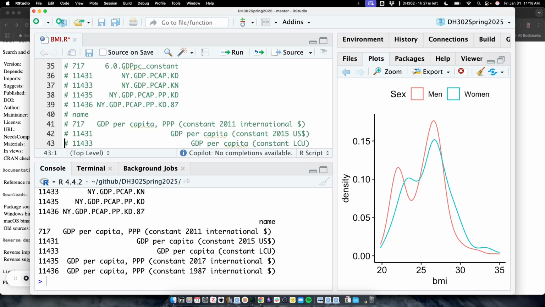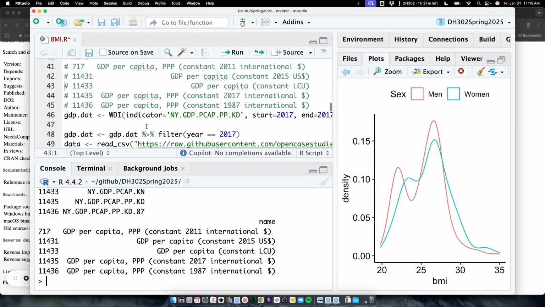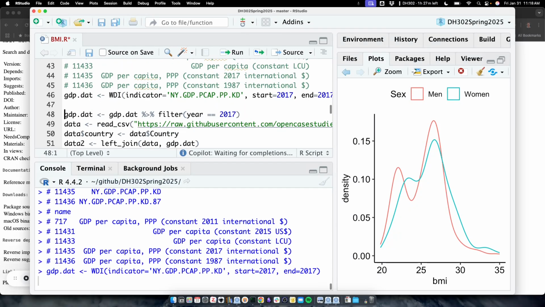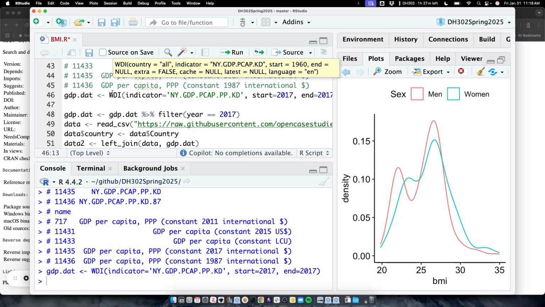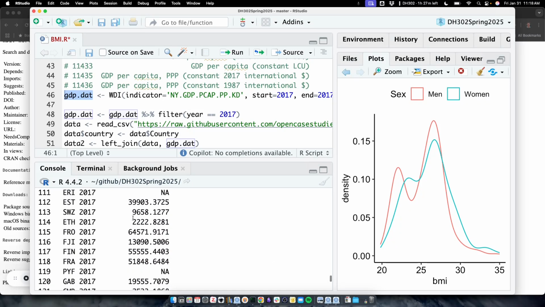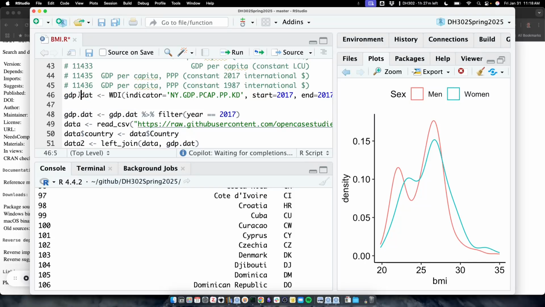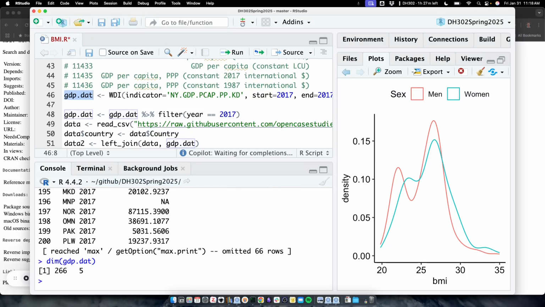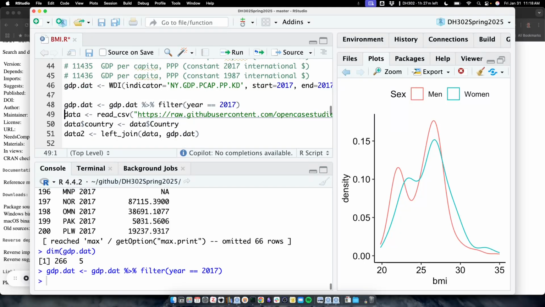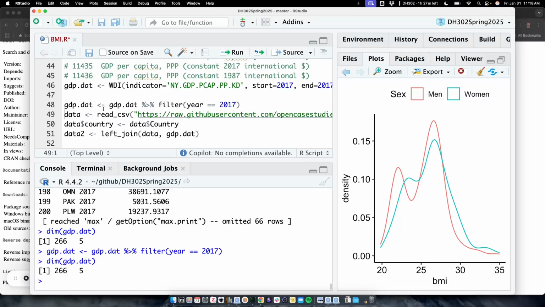I can take the purchasing power parity for 2017. With a single command, I have the countries and the GDPs for each country. The data is sorted in alphabetical order, with all the countries, I think 266, including territories. That is the explanatory factor.